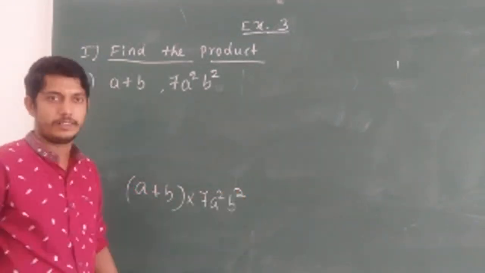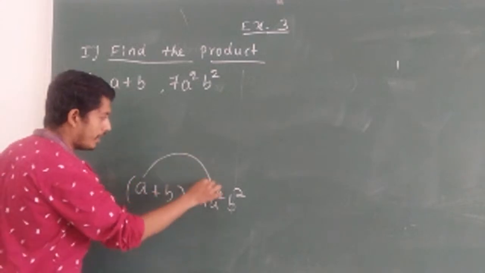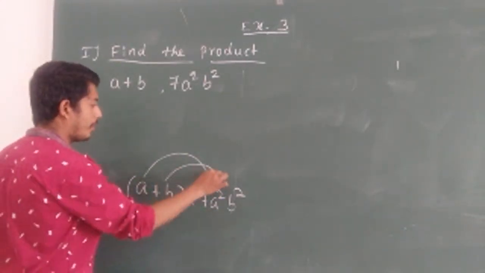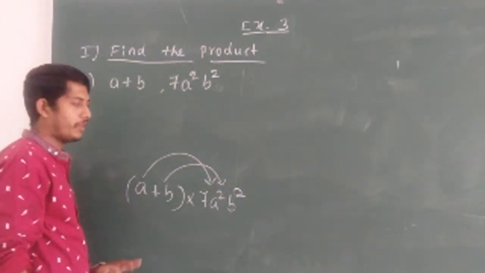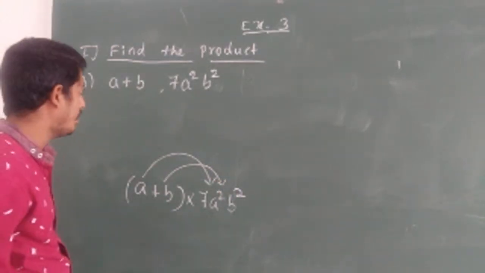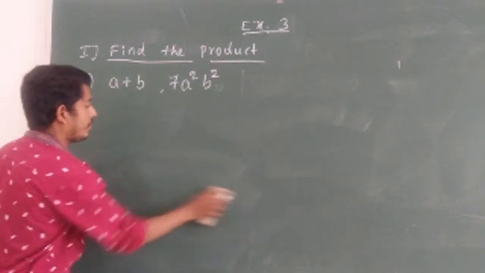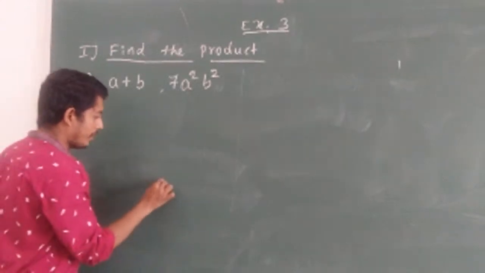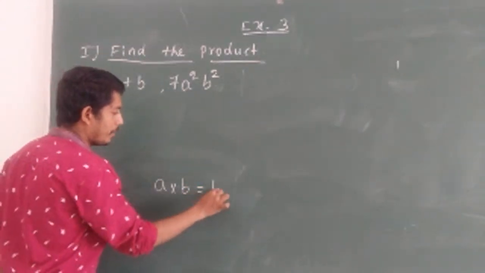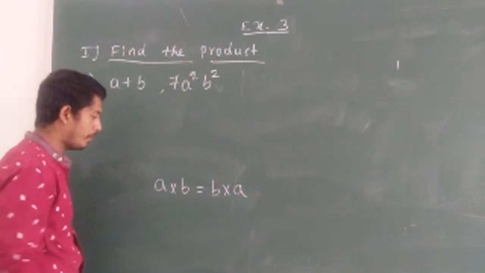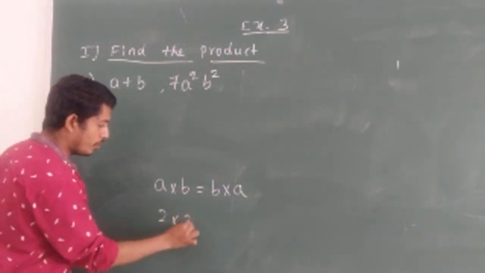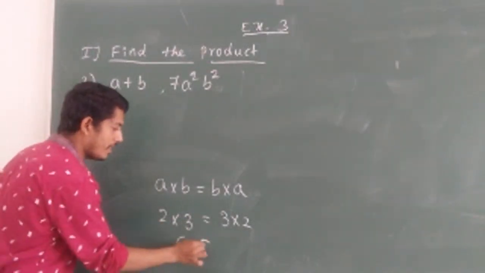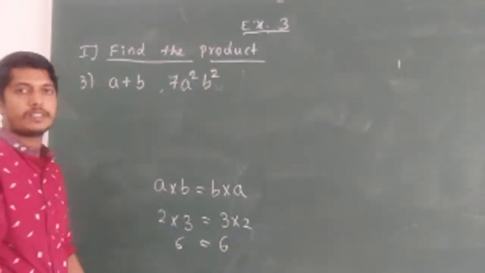In this method, we multiply a to this term, and in the second step, we multiply plus b to this term. In the other method, multiplication holds the commutative property. That means a into b is the same as b into a. For example, 2 into 3 and 3 into 2 are both the same, because 2 threes are 6, and 3 twos are also 6.